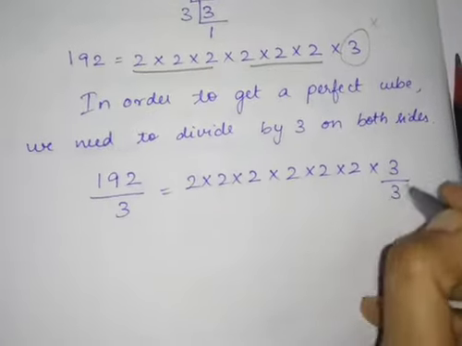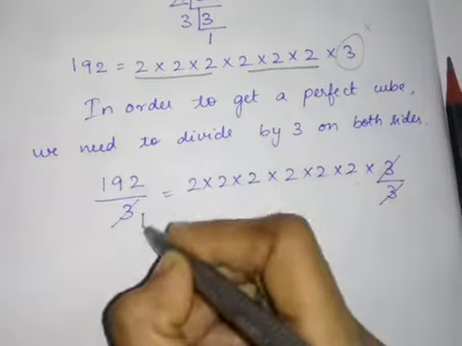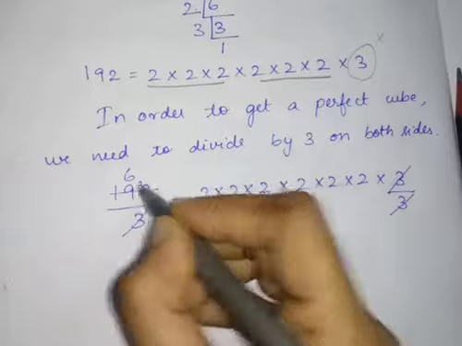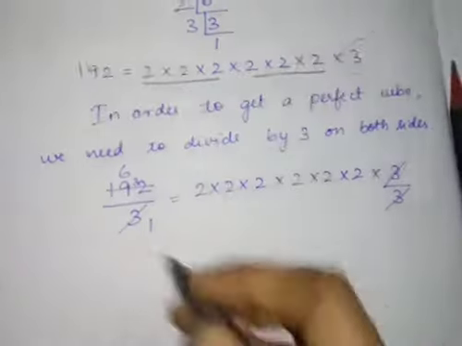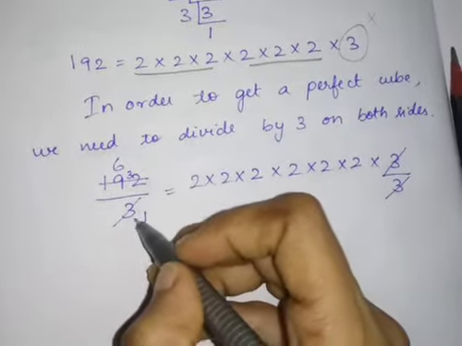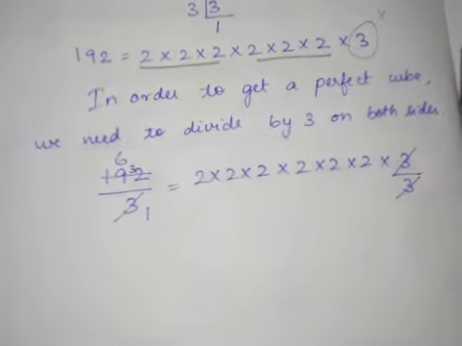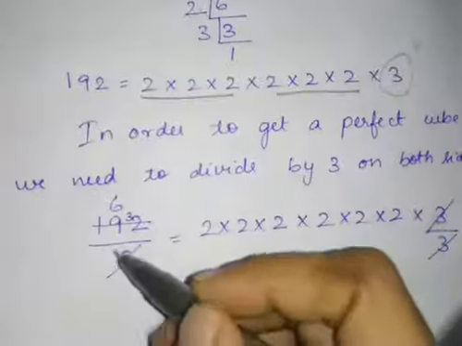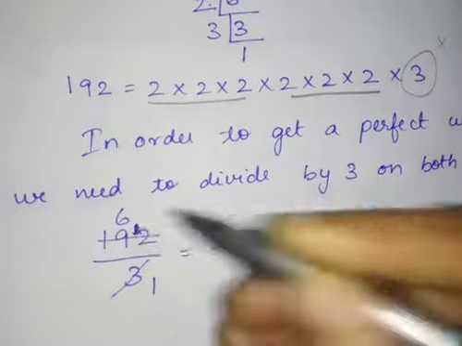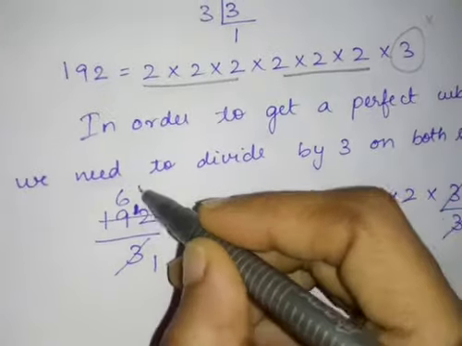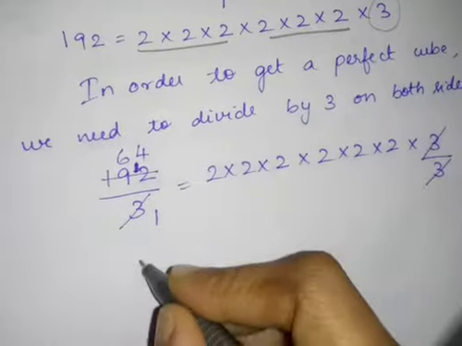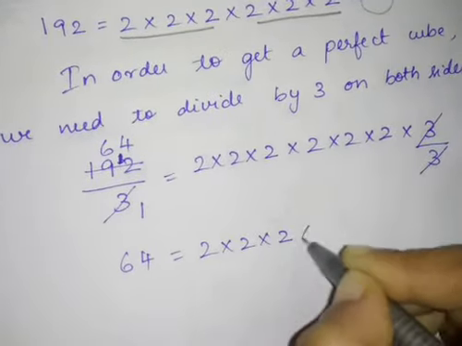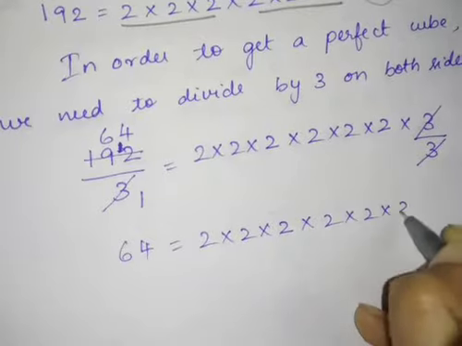Okay, the 3s cancel. Now 3 1s are 3, 6 3s are 18. See, I made one mistake here. 6 3s are 18, remainder 1, so 12, 4. Okay. So 64 is equal to 2 into 2 into 2 into 2 into 2 into 2.